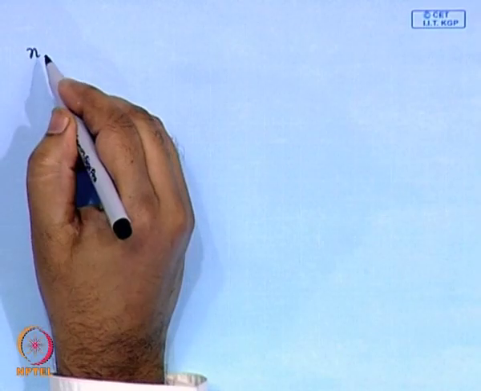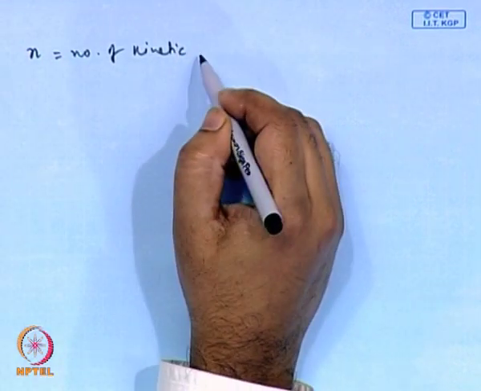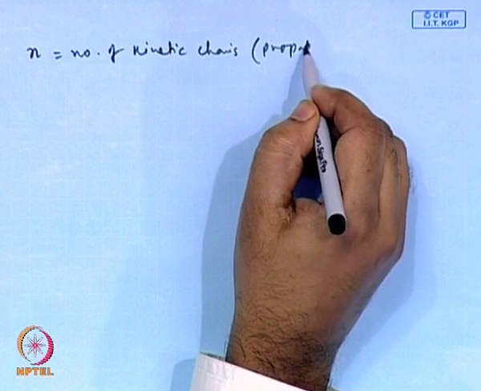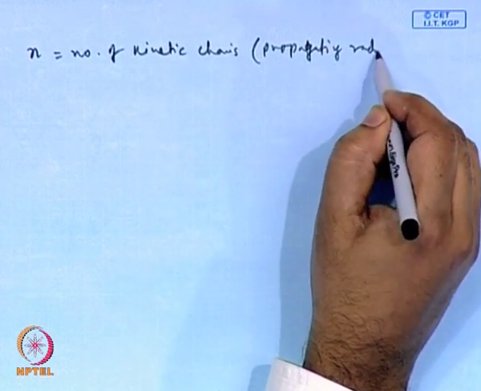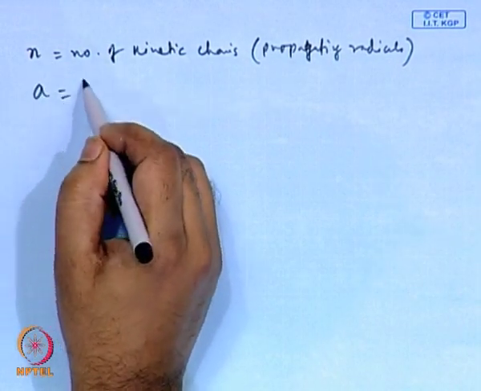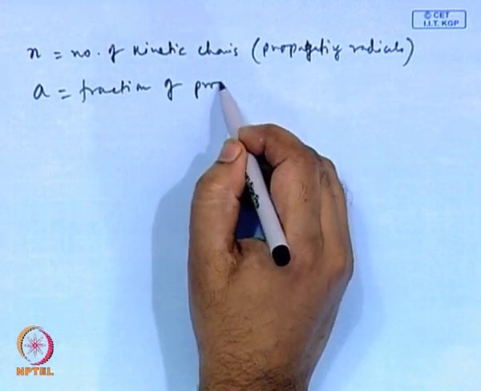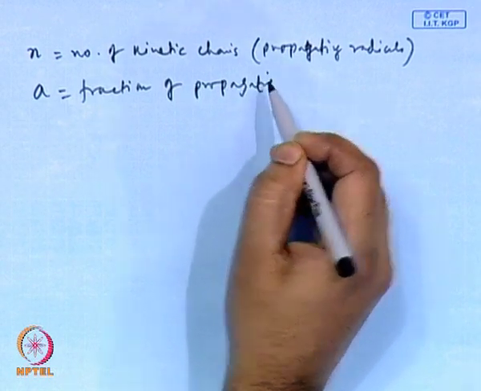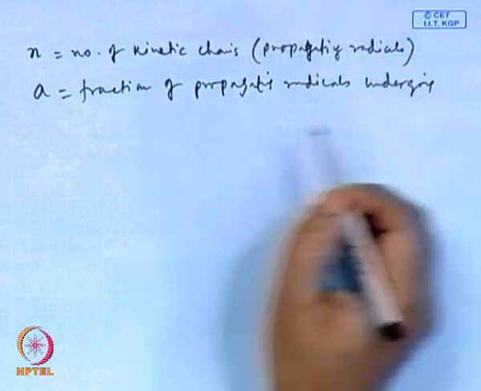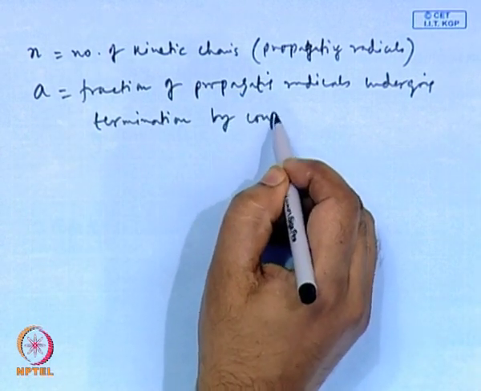See, if I have N as the number of kinetic chains, which means propagating radicals, and of this N, A is the fraction of these propagating radicals undergoing termination by coupling.